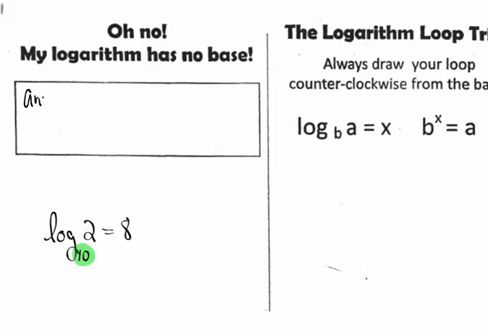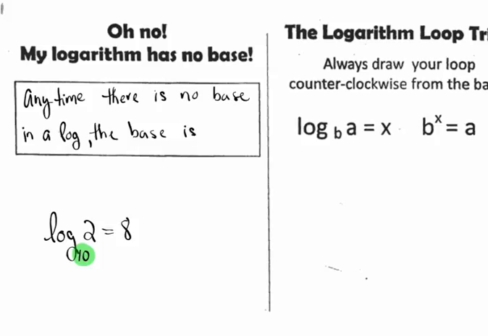Anytime there is no base in a log, the base is 10. And it's going to be a lot more helpful for your brain to remember that you have a base of 10 if you go ahead and write it in. I do that a lot just to help me think it through.